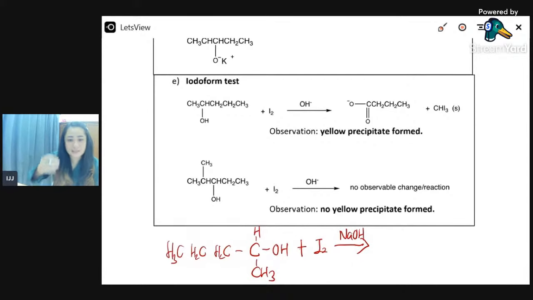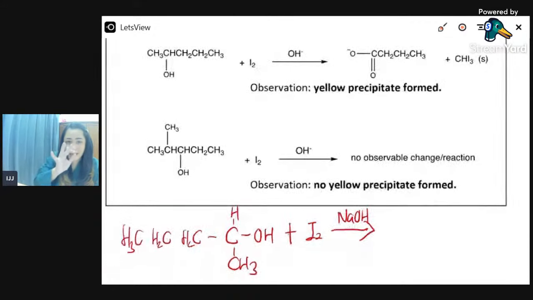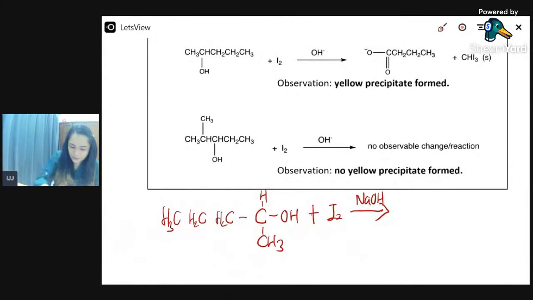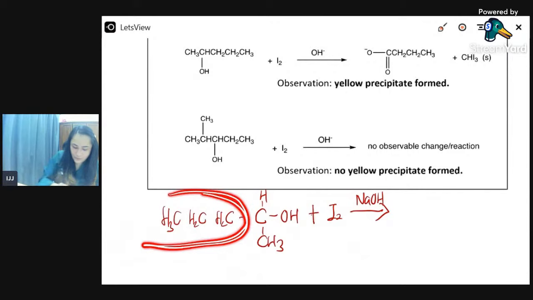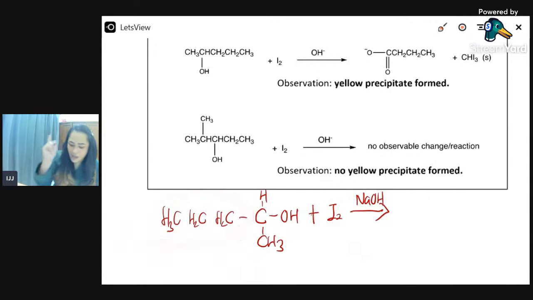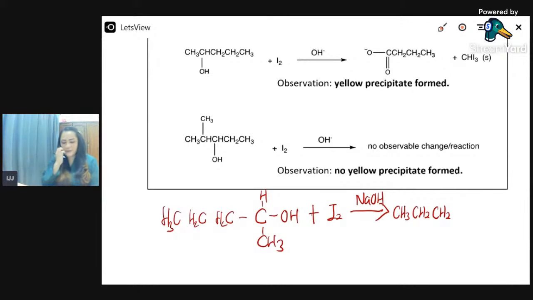So kalau kamu ni jenis yang cepat lupa dalam persamaan kimia, the bond that can be anything, the fourth bond, the one that is not the methyl alcohol group, kamu salin saja balik, okay, saya salin balik dia, CH3, CH2, CH2, okay.